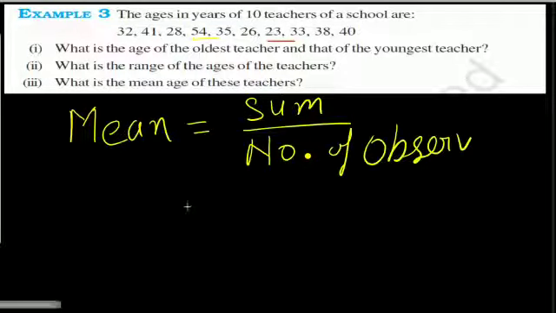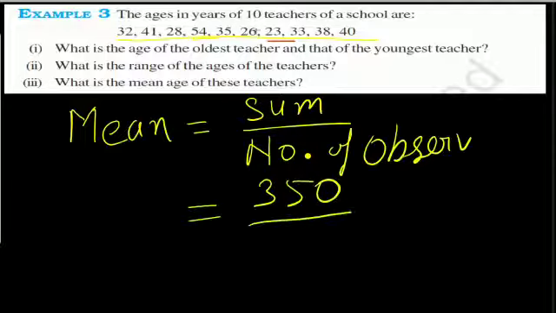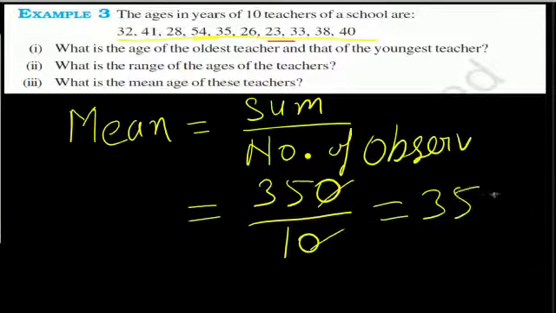When we add all these numbers, we get the sum as 350. Number of observations: how many teachers' ages are there? 10 teachers. So the number of observations is 10. So 350 upon 10, the zero gets cut, and the answer is 35 years.